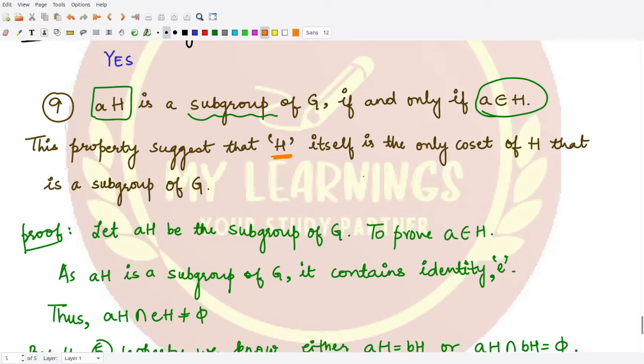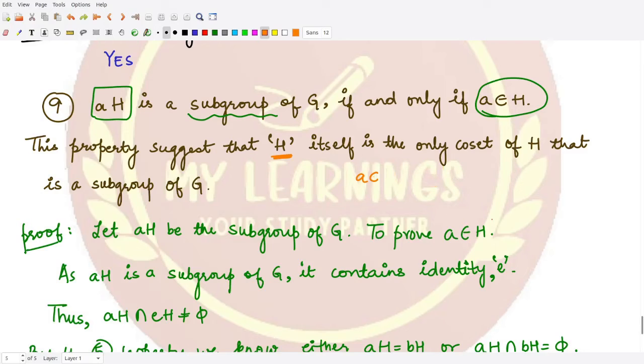Because if A belongs to H, this is the property that we have already studied, in that case AH is nothing but equal to H. So AH is H only, and H is the subgroup of G. So H is the only coset which is a subgroup of G, and no other coset is a subgroup of G. So this is the ninth property.